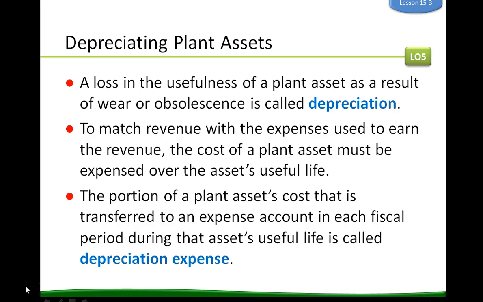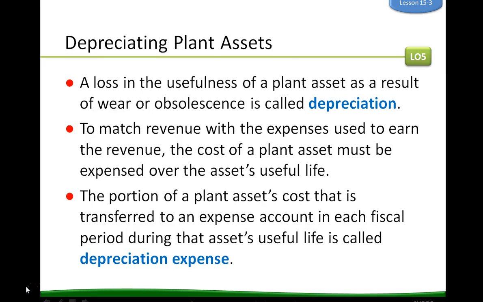we can calculate depreciation. To match revenue with the expenses used to earn the revenue, the cost of a plant asset must be expensed over the asset's useful life. They spread out the use of it. They spread out the expense, the decrease to earn revenue, the decrease in the value of the item.